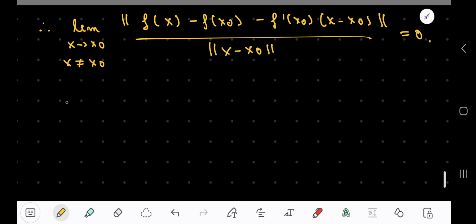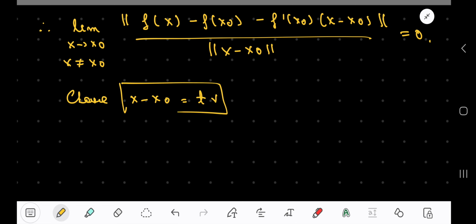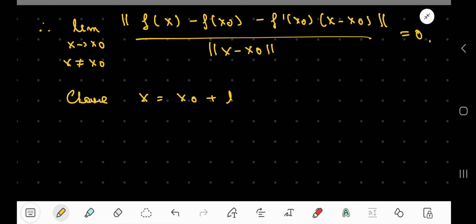Now observe that, choose x to be x naught plus tv, or rather more relevantly, choose this vector x minus x naught in the direction of v. Choose x specifically to be the vector which originates at x naught and is in the direction of v.